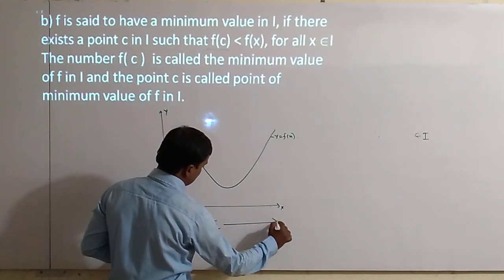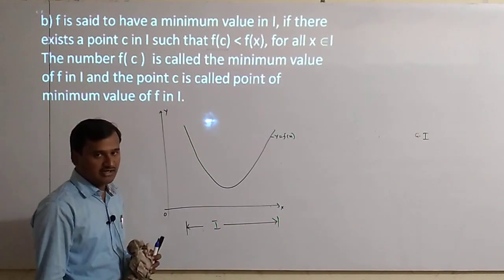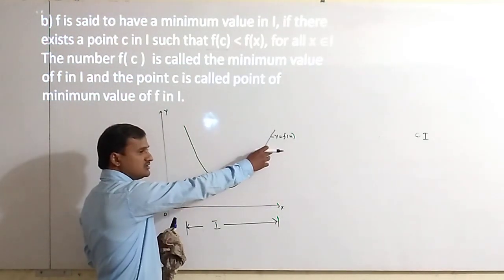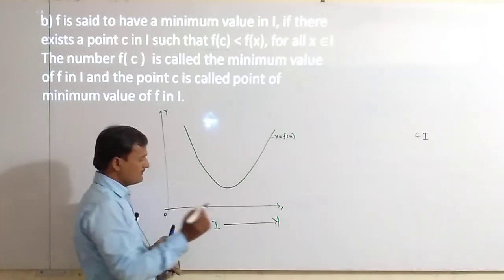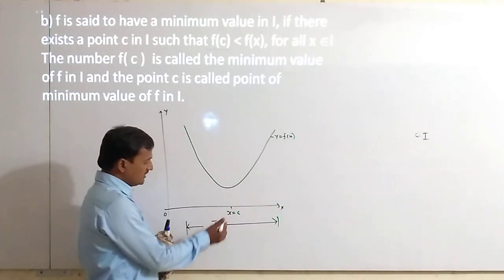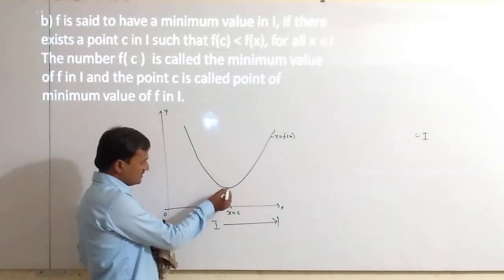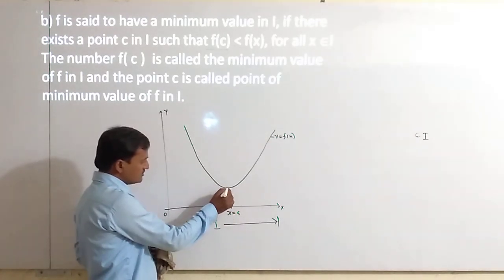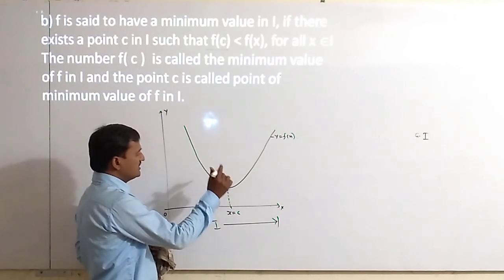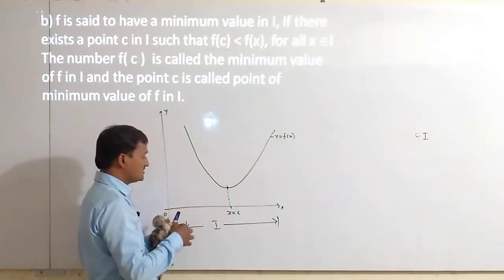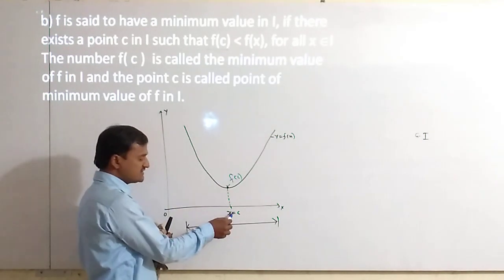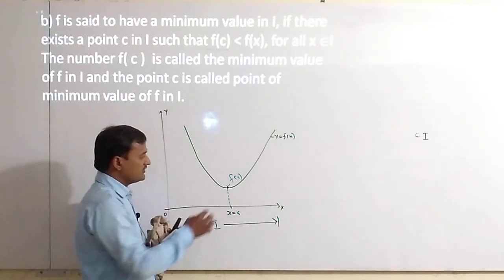In this interval this function is defined, and there exists one point x equal to c. If you take x equal to c, then clearly the functional value is f of c.